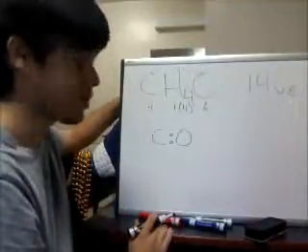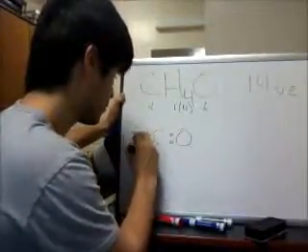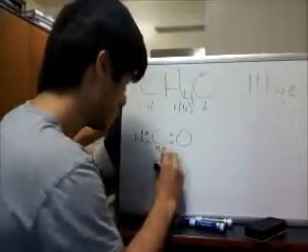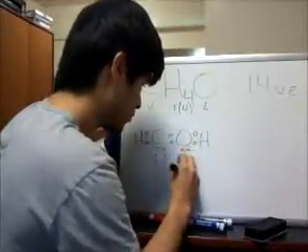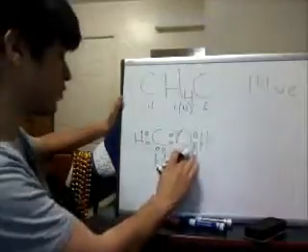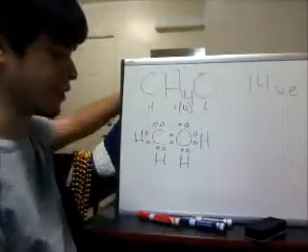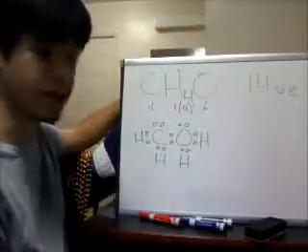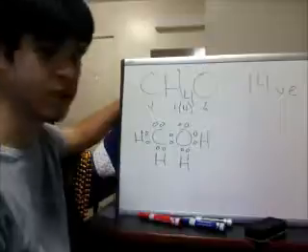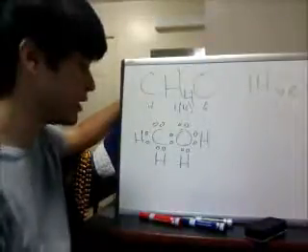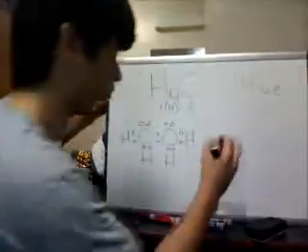So let's start by adding 2 to each. 2, 4, 6, 8, 10, 12, 14. So all of our valence electrons are filled in, and the molecule looks like it's pretty stable. The octet rule is completely filled. However, it could also take the form of this.